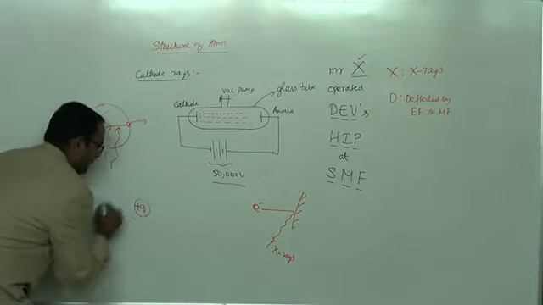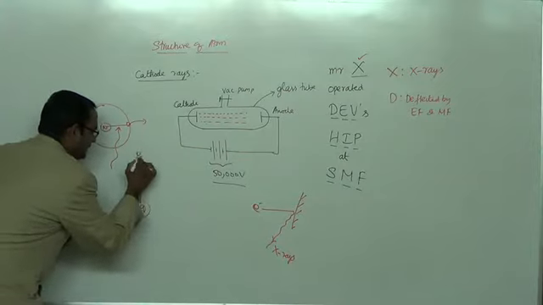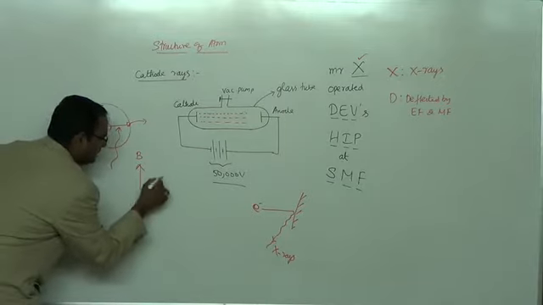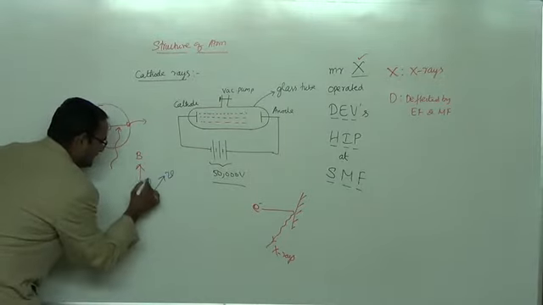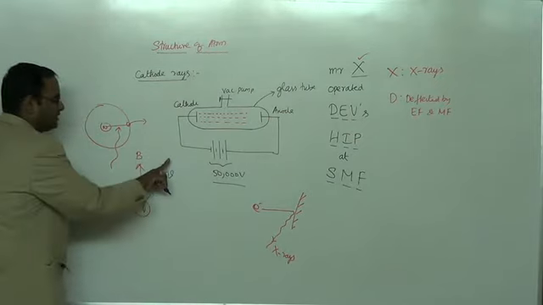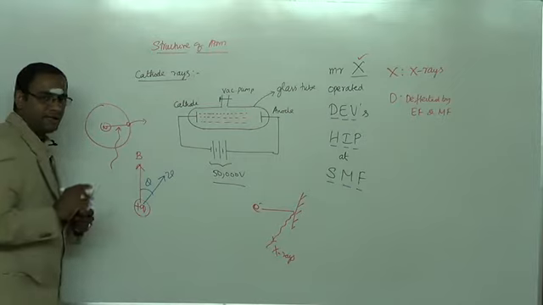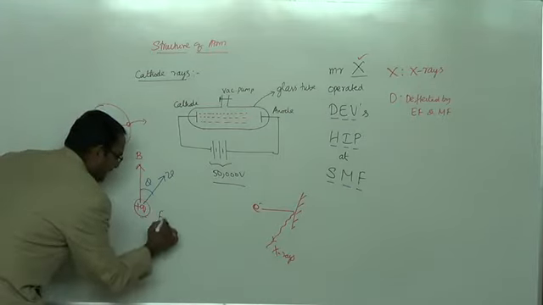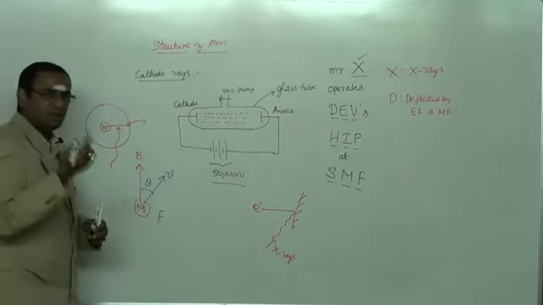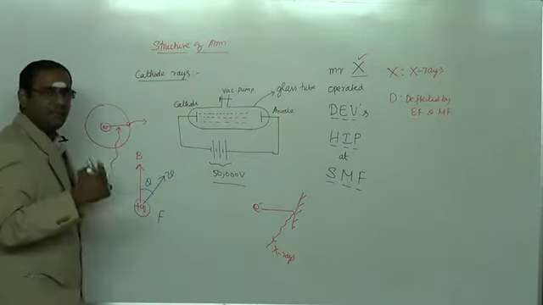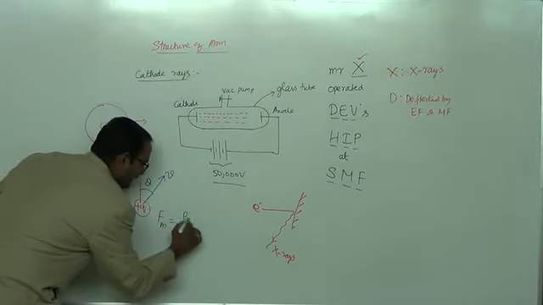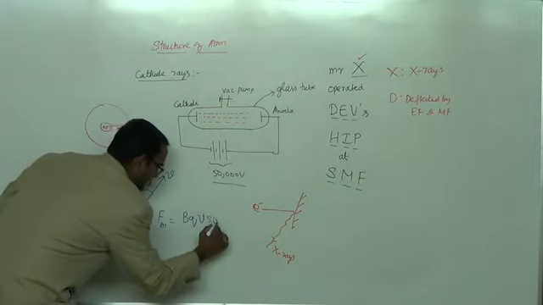This is a charge q which is placed in a magnetic field B, and the charge is moving with a velocity v at an angle theta with respect to the magnetic field. Then the magnetic field will exert a force on this charge. The force experienced by this charge due to the magnetic field is given by Fm = B q v sin theta.